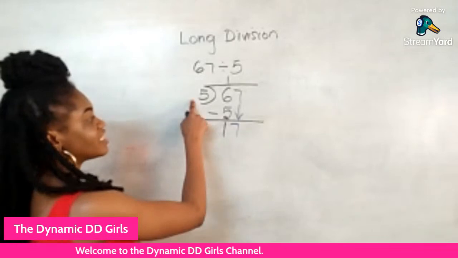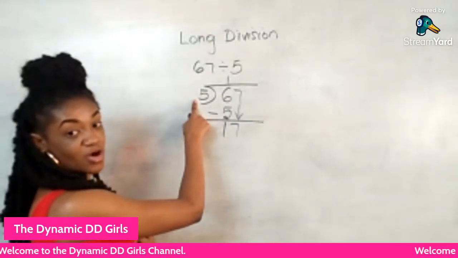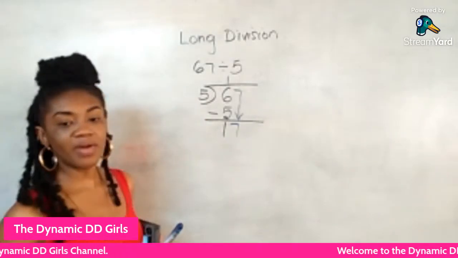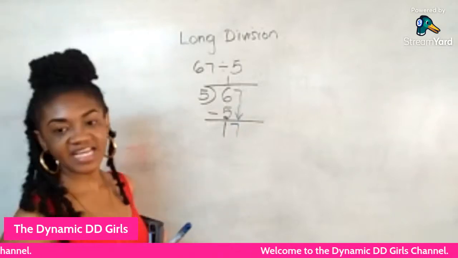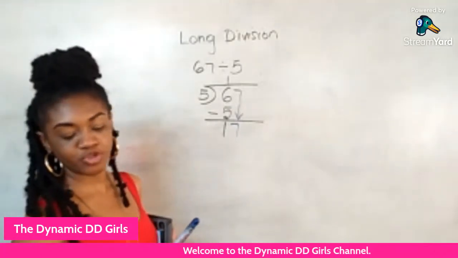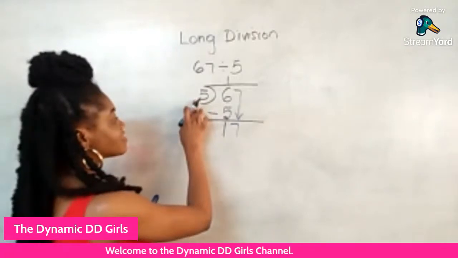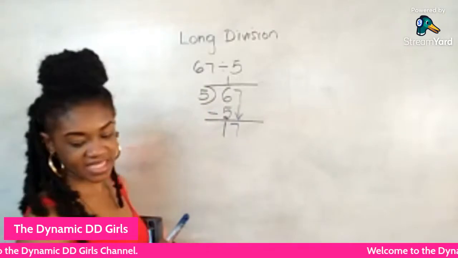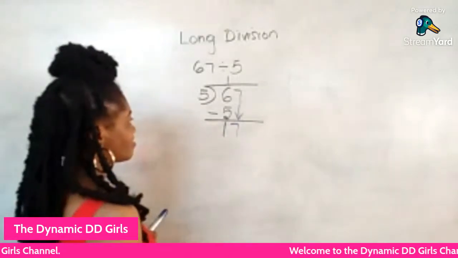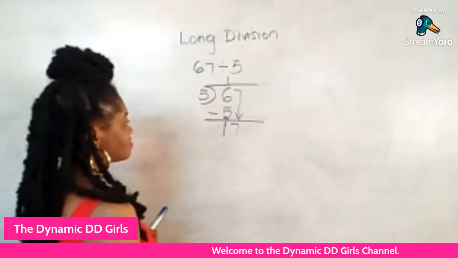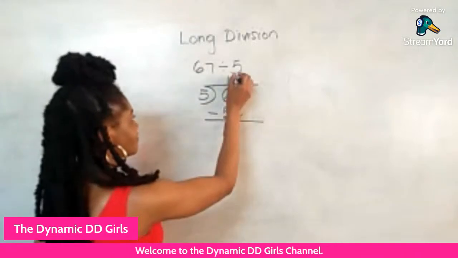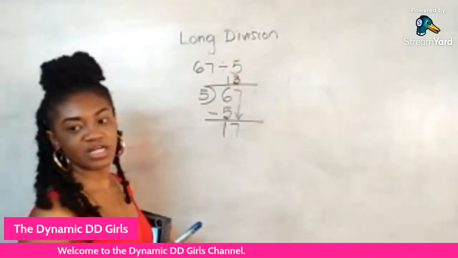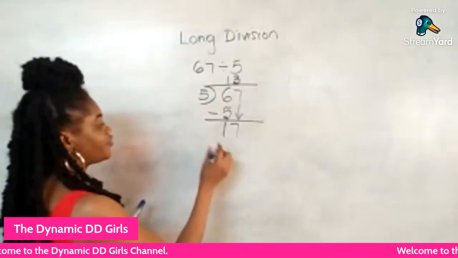So we're using our 5 times table right now. So normally your divisor will tell you what times table to use. How many groups of 5 can you get from 17? And of course, we can get 3. And of course, when you multiply 3 by 5, you get 15.